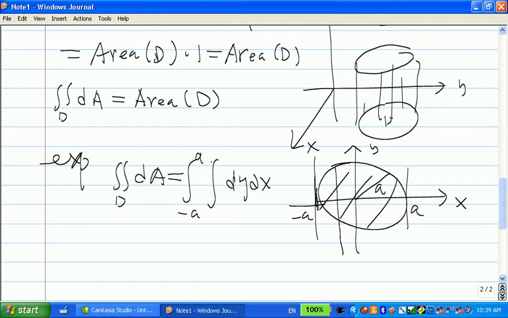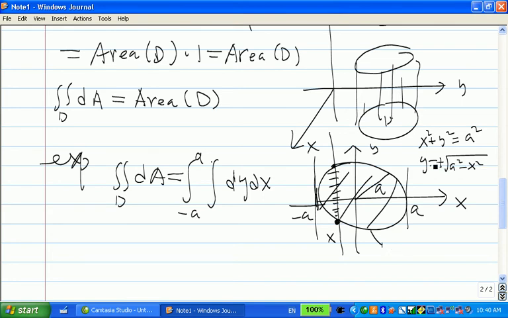Then you fix x in between. This odd point here in the region, your y must be bigger than this point and less than that point for a given x. So to find those points, we need to know the formula for this curve and for that curve. This is a circle, with formula x squared plus y squared equal to a squared. You solve for y and get positive or negative square root of a squared minus x squared.